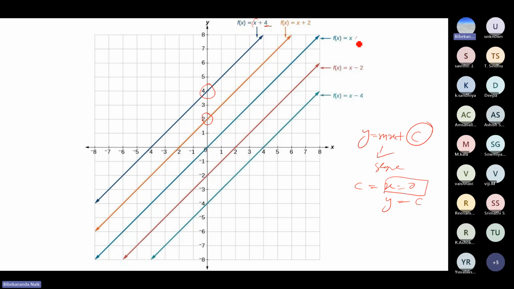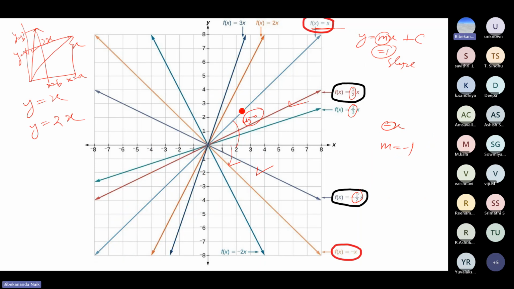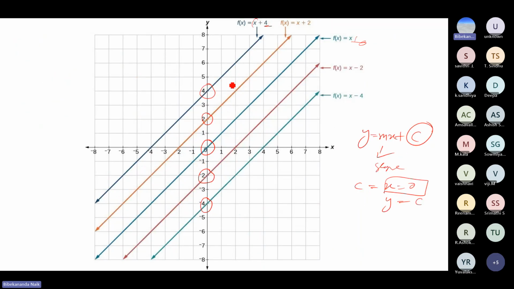Similarly here, it is x plus 0, so it is crossing through 0. It is x minus 2, so the intercept is minus 2, and x minus 4, so minus 4 is the intercept. So this shows the variation of slope and this shows the variation of intercept. So if you are plotting a straight line, then you can easily draw it.